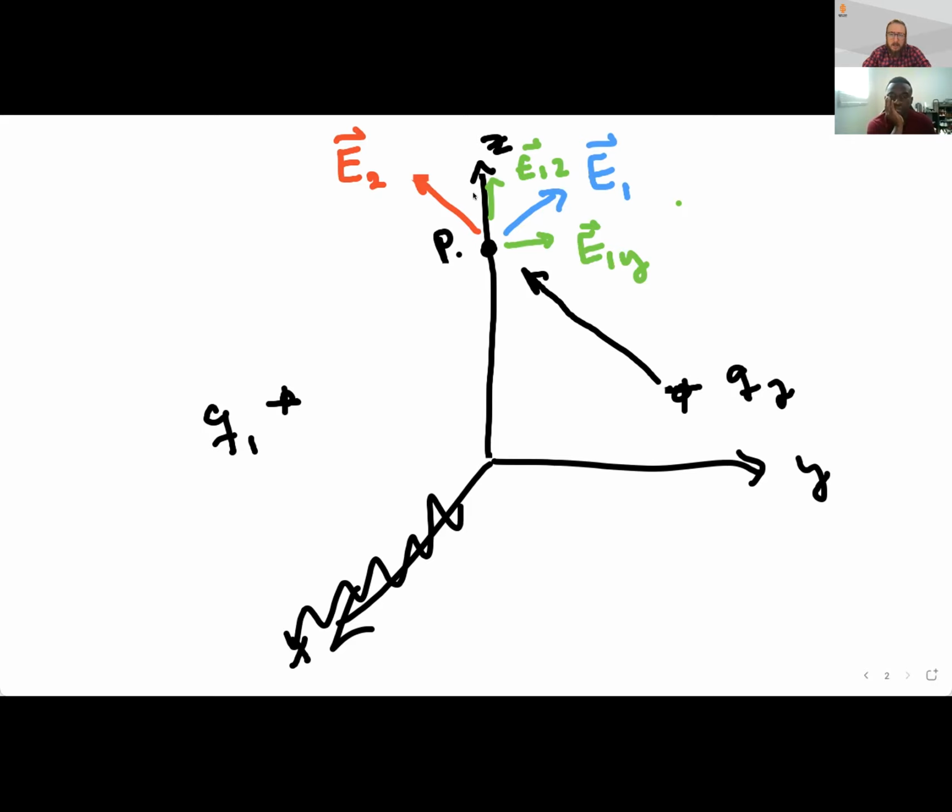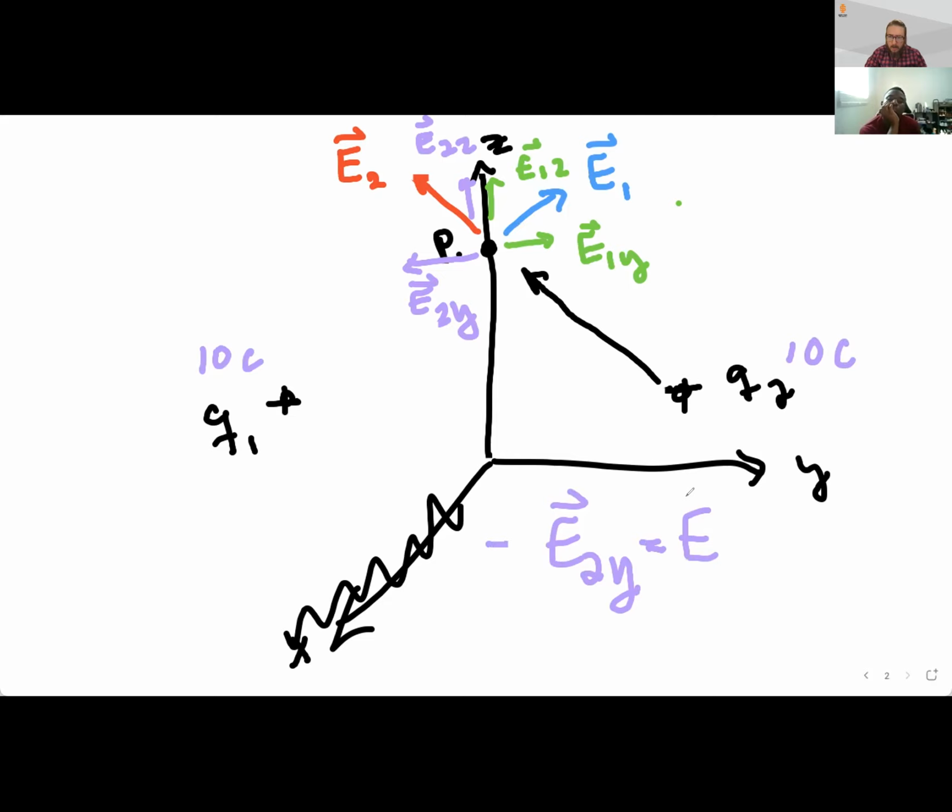Sorry, I'm trying to get some good colors here. Then you could also break up E2Z and E2Y, and these two are going to cancel out, if they're the same magnitude, let's say 10 coulombs and 10 coulombs. So E2Y is equal to minus E1Y.